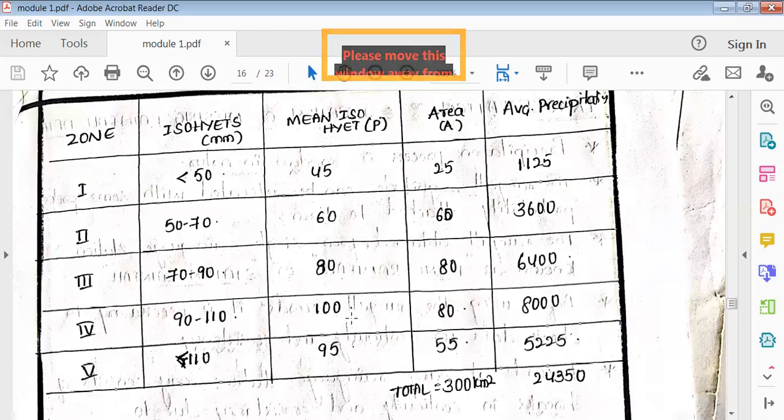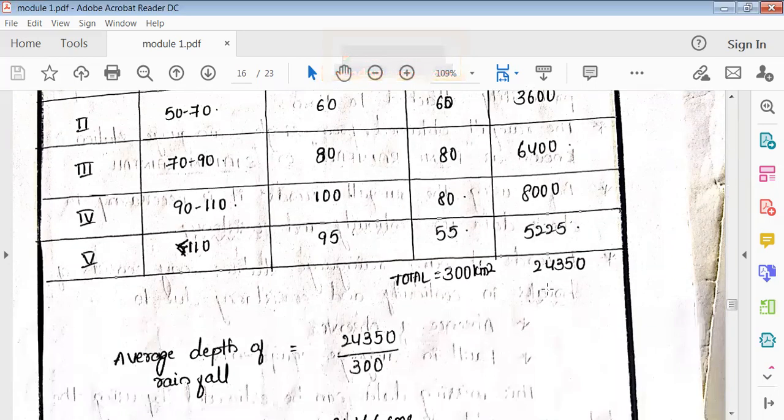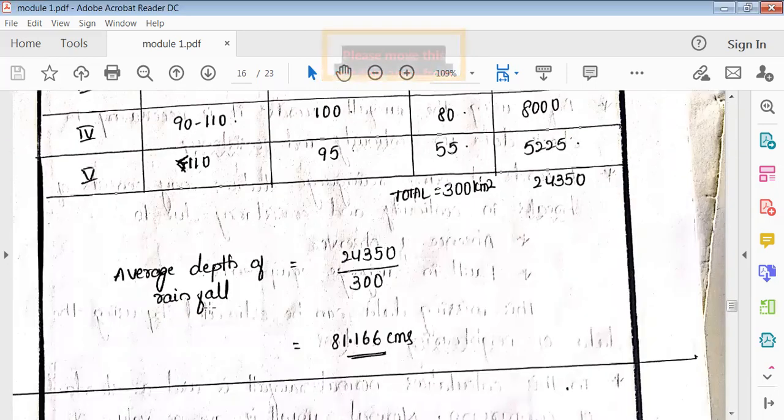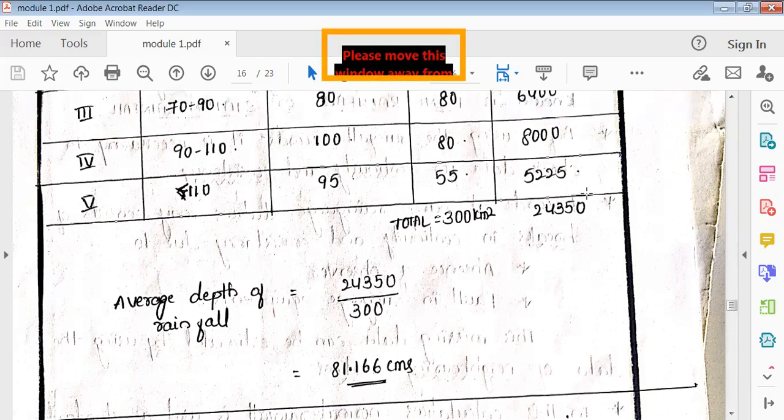So go on multiplying: 100 into 80, 8000; 95 into 55, 5225. The average depth of the rainfall is given by this total value divided by 300, so 24350 divided by 300, the total area.